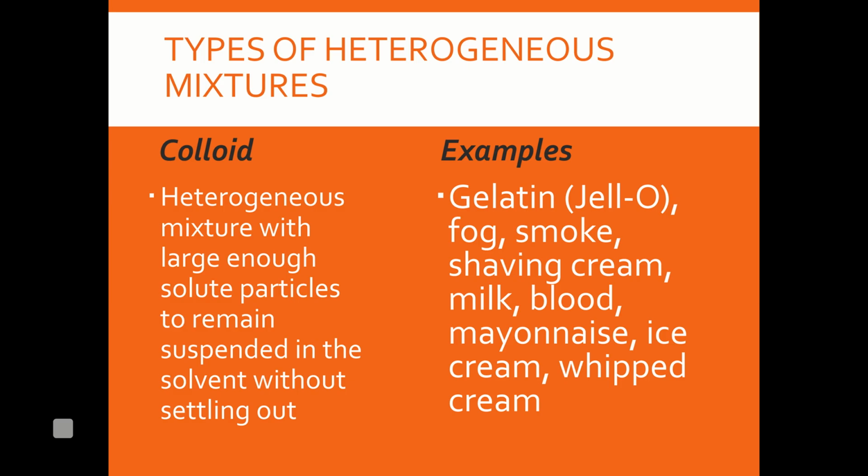It does look like a homogeneous mixture. But it has large enough solid particles to remain suspended in the solvent without settling out. Over time, if you really let it sit, there will be some settling out of the particles.